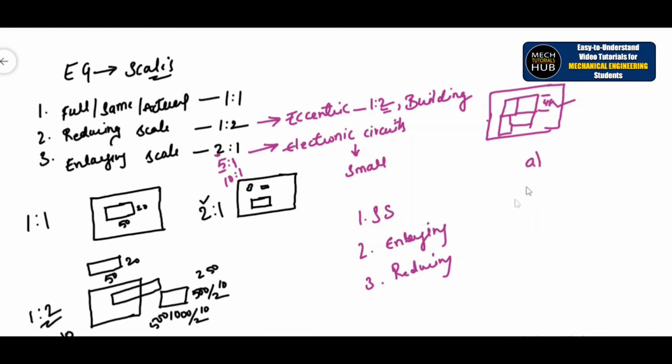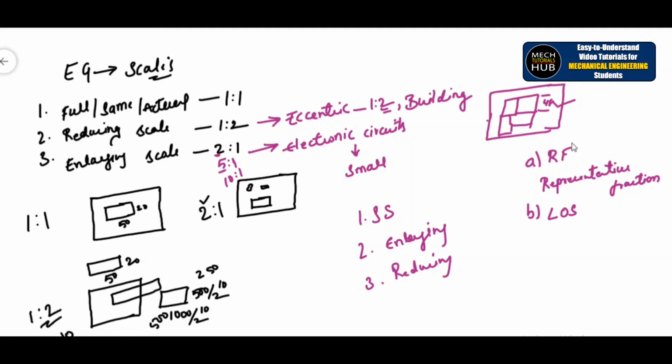remember two formulas. Number one, you need to know about RF, which is representative fraction, that we need to calculate, and also length of scale needs to be calculated. Okay, representative fraction and length of scale both are important to calculate before you draw any of the scales.